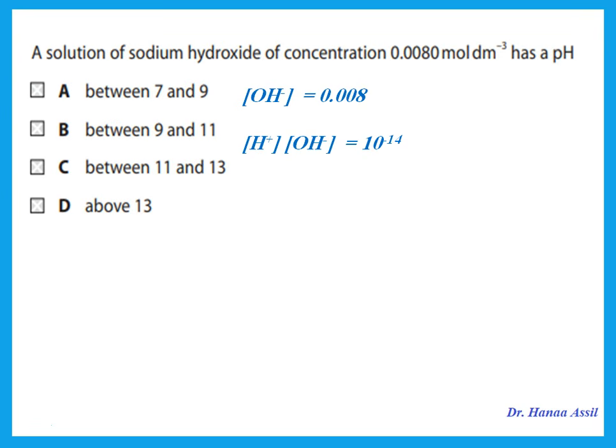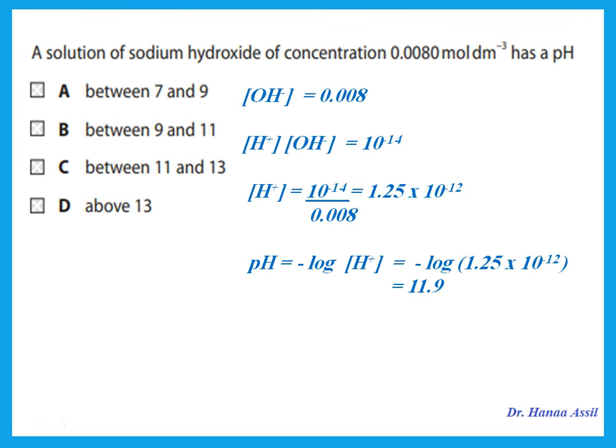We know that concentration of H plus times OH minus is 10 to the minus 14. So the H plus ions alone is 10 to the minus 14 over the concentration of OH minus, and the pH is minus log of that. And this comes out to be 11.9, so my answer is C.